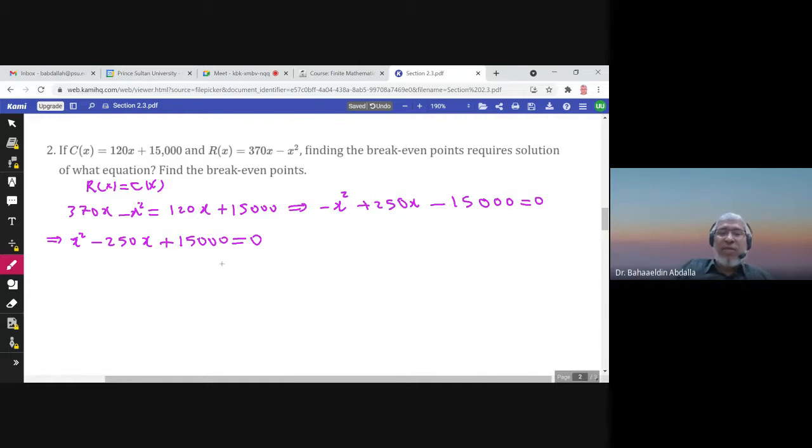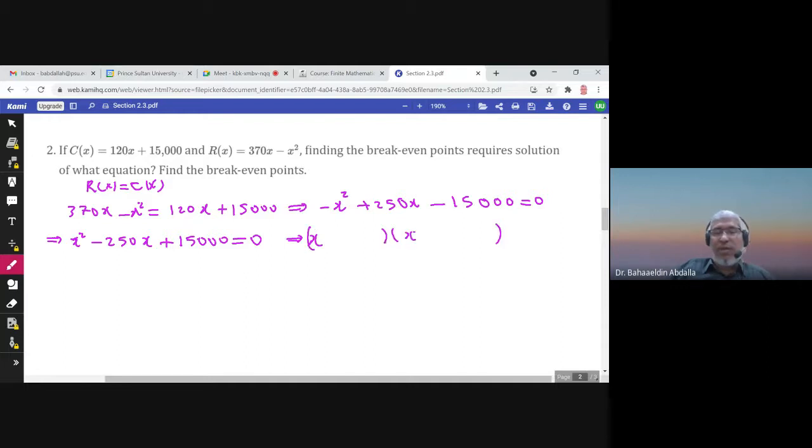And now, as usual, you can use the quadratic formula or factoring. Using factoring, you will try to think of two numbers whose product is 15,000 and whose sum is negative 250. If you can find them, or you can use the quadratic formula.